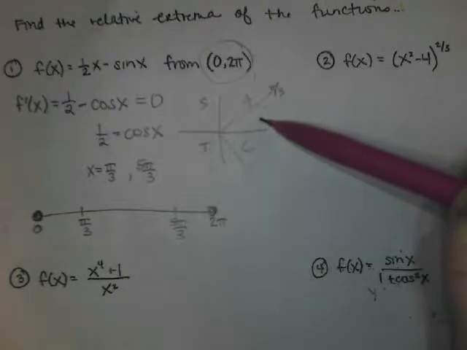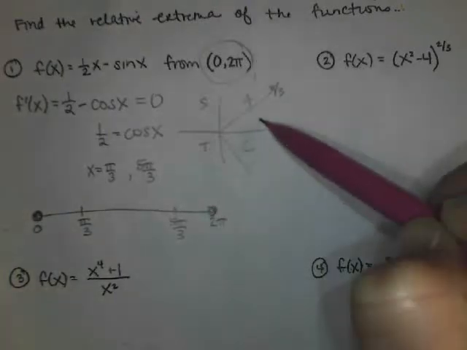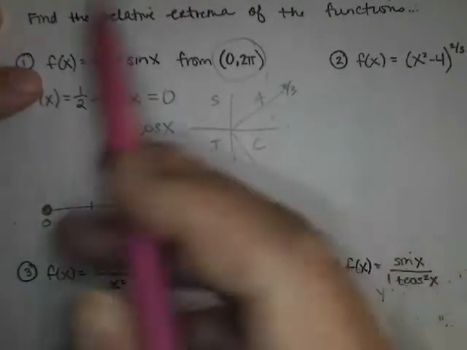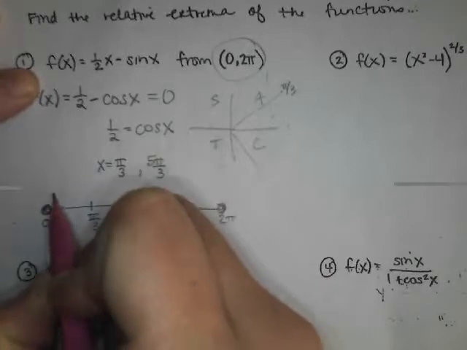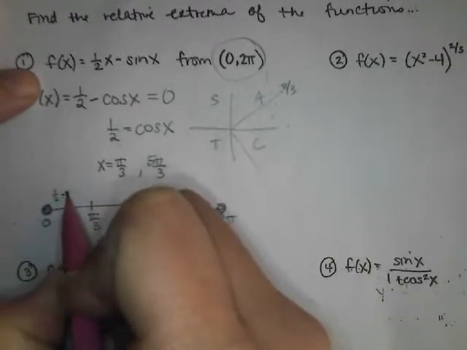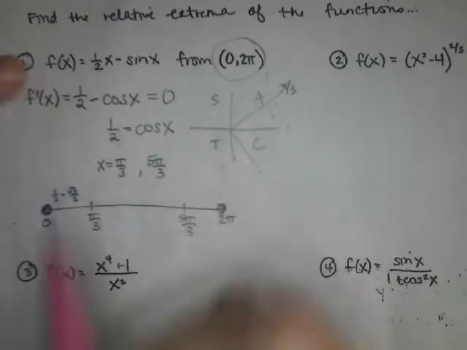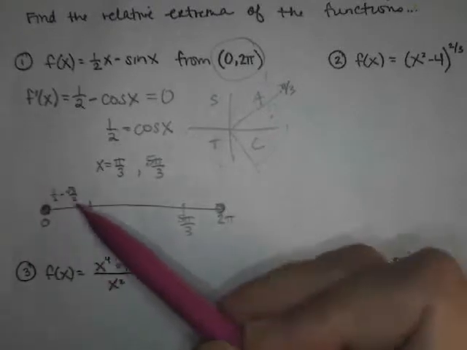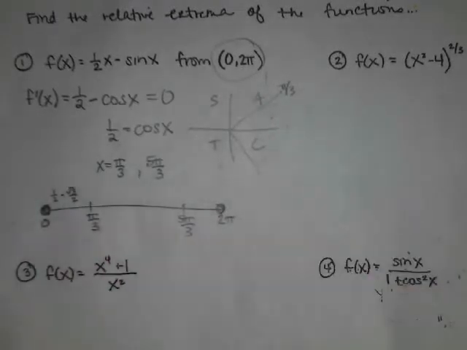So what is the cosine of pi over 6? Radical 3 over 2. 1/2 minus radical 3 over 2. Is that positive or negative? Is root 3 bigger than 1 or smaller than 1? Bigger, so it's 1/2 minus something bigger than it, so this is going to be a negative.